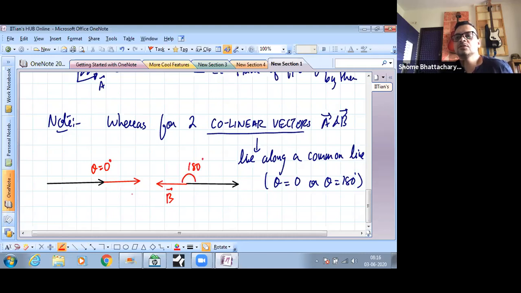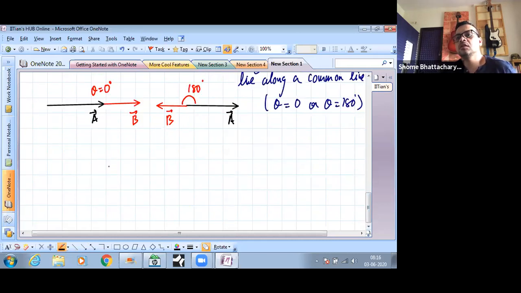So what happens in such a case? They don't define a unique plane anymore because they don't define any parallelogram. In such a case, A and B do not define a unique plane.